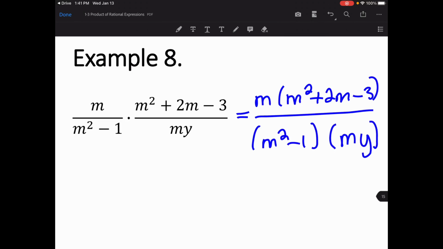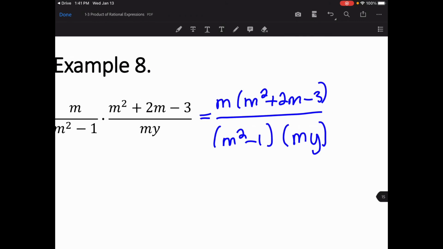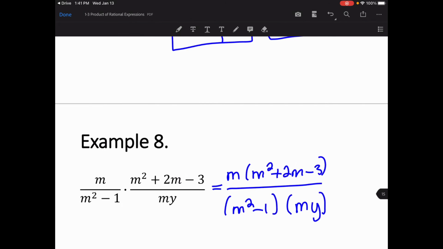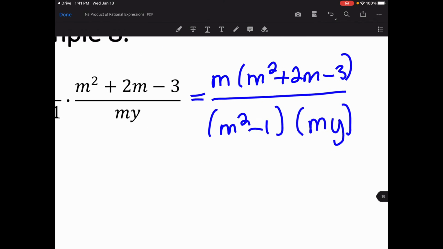So notice here that I'm writing each product in parentheses to differentiate that, okay, these m squared minus 1s are together and m times y's are together.